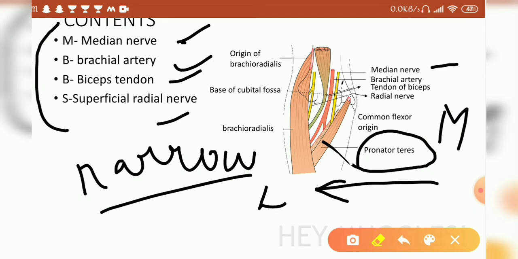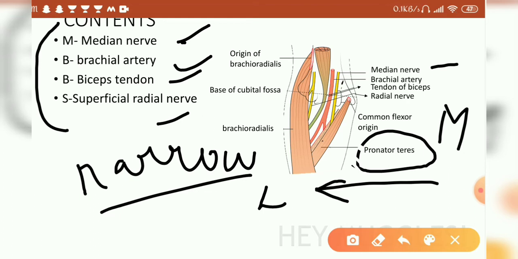Then next we have brachial artery, right? Brachial artery terminates in the fossa at the level of the neck of radius and it divides into radial and ulnar artery. So here in the red you can see the brachial artery, and you can see that it is terminating into two branches.